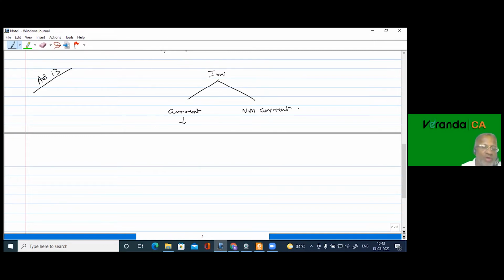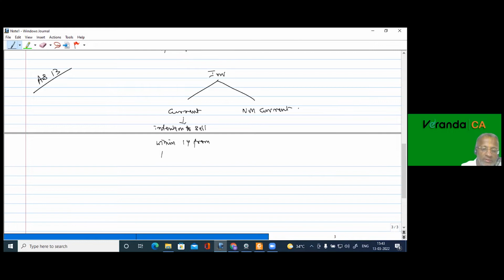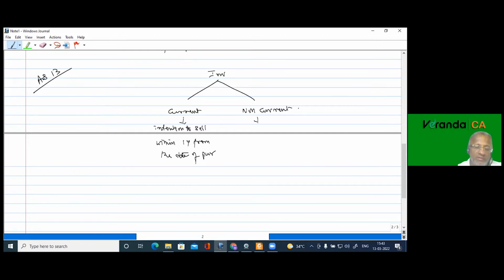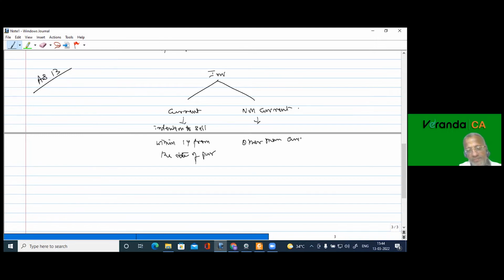Current investment is where you have the intention to sell within 1 year from the date of purchase. Non-current is where the intention is to sell beyond that, or you can say in a very simple fashion, other than current.